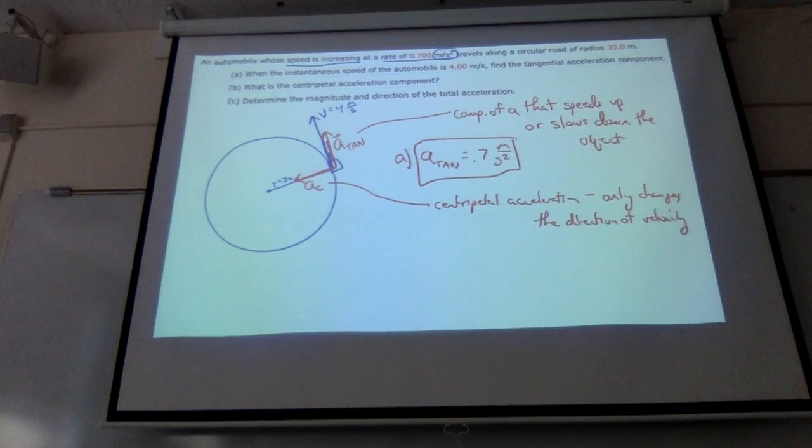So it's kind of like I'm trying to just go straight, but people are pulling me two different directions. Something is pulling me forward, and something is pulling me sideways. The thing that's pulling me forward makes me go faster. The thing that's pulling me sideways turns me, okay? Those two things operating together make me go in a circle faster and faster and faster, okay?